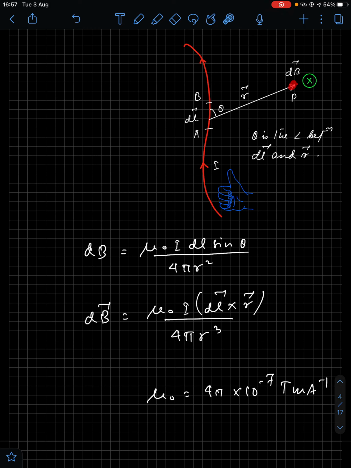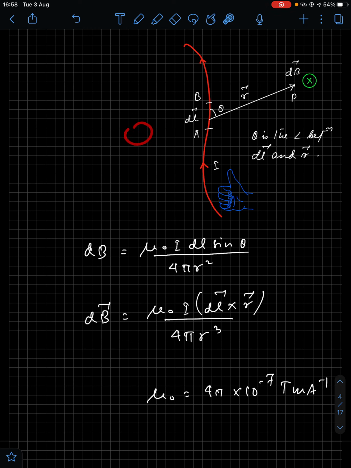The direction of the magnetic field at the point P, using right hand thumb rule again: if you align the thumb along the direction of the current, then the fingers curling will show you the direction of the magnetic field. Cross represents going inside the page, dot represents going outside the page.